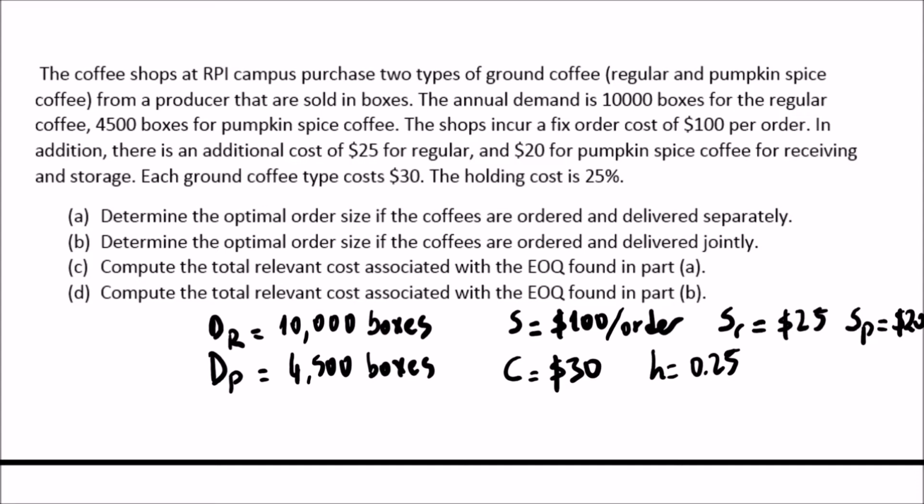Given these values, now we can use the EOQ formula and find our best order size. We can go ahead and use the EOQ formula to determine the optimal order size for each coffee type. This is for the case where we order them separately. For part A, let's call it Q_R star, and the formula of EOQ is the square root of 2DS divided by HC.